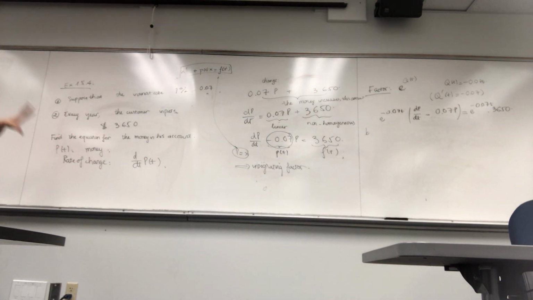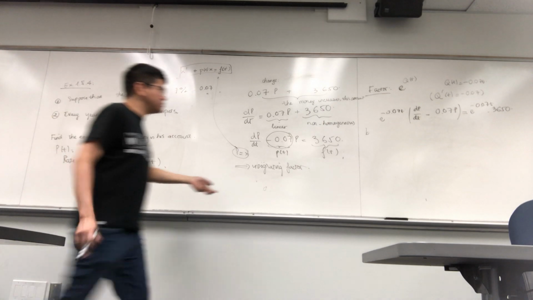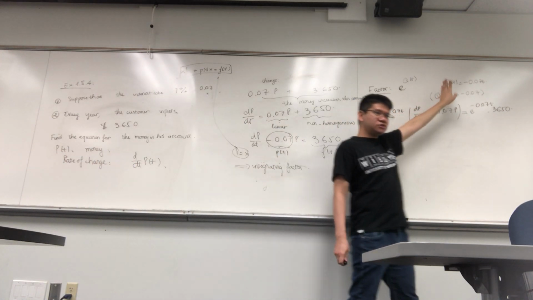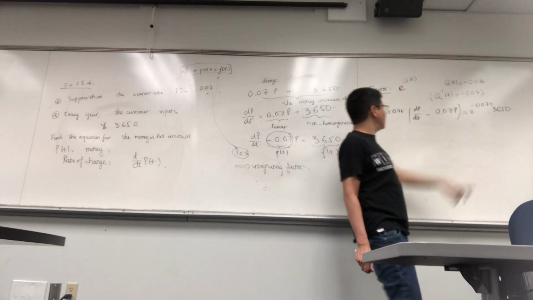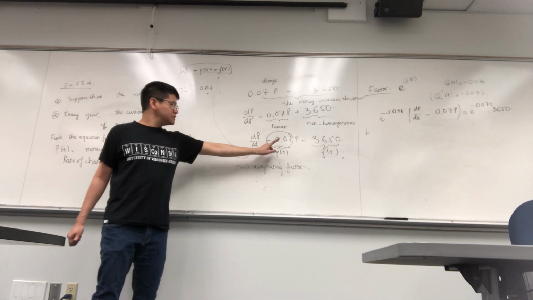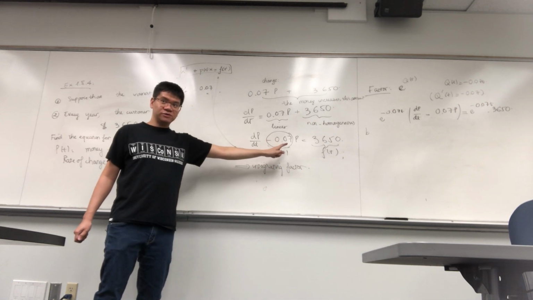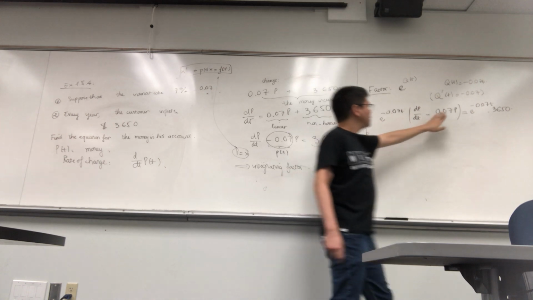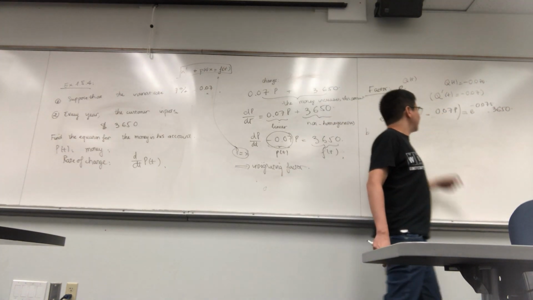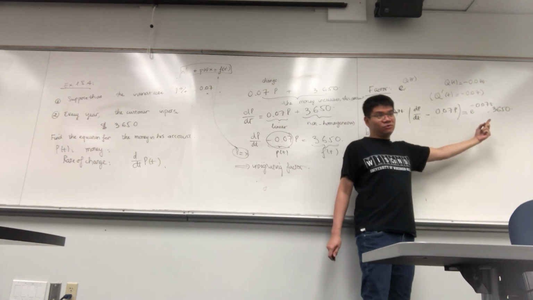So what we do is use the integrating factor. The integrating factor will be the function e to the Q(t) such that Q(t) is the antiderivative of minus 0.07, which is minus 0.07t. Now I multiply the integrating factor on both sides.